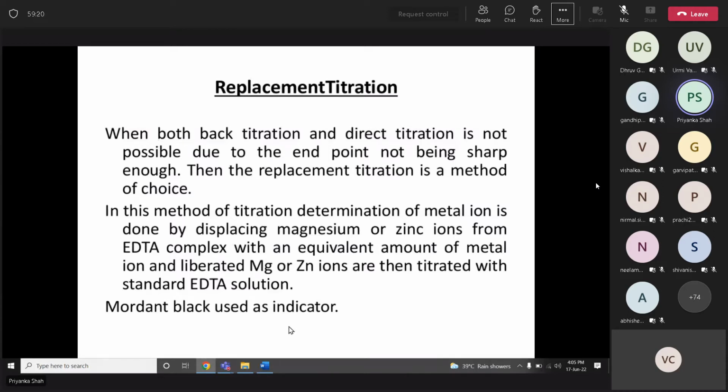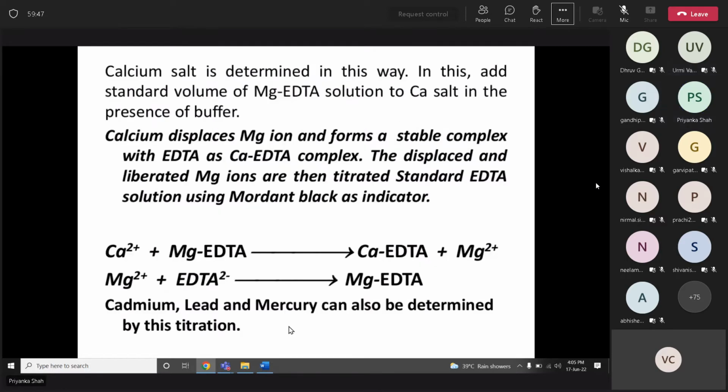If you cannot get a sharp endpoint with these two types of titration, then you can go for replacement titration. In this method, determination of metal ion is done by displacing magnesium or zinc ions from the EDTA complex with an equivalent amount of metal ion, and the liberated magnesium or zinc ions are then titrated with the standard EDTA solution. Here as indicator you can use mordant black.